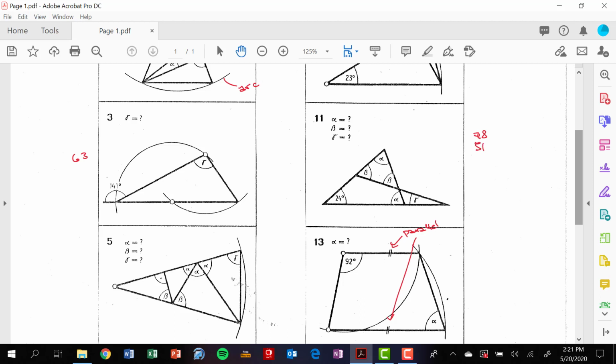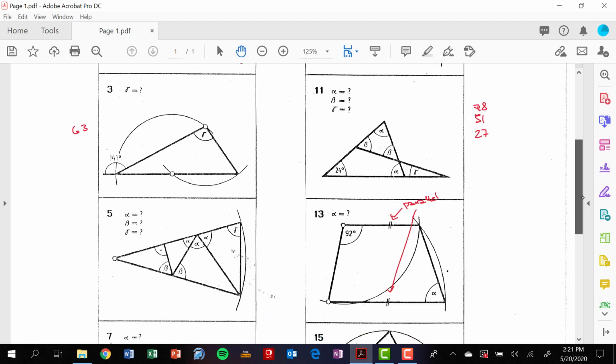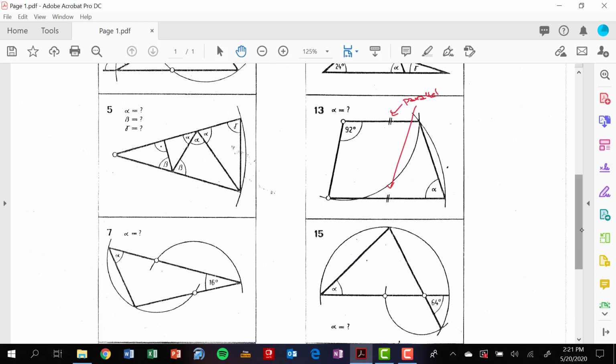I think that's a gamma. That's a 27. Same thing here with these variables. This is going to be 60, 75, and 82.5. For number 13, the answer is 68.